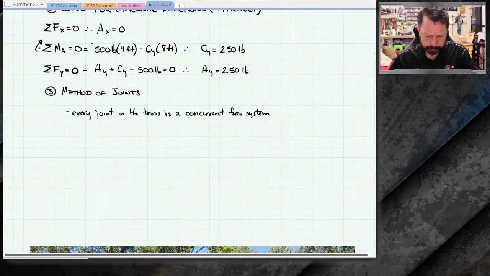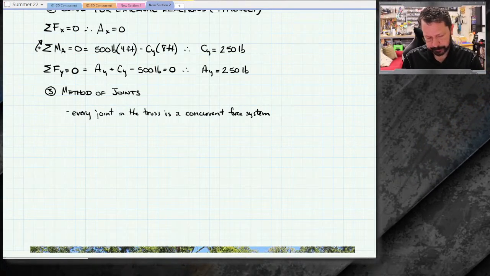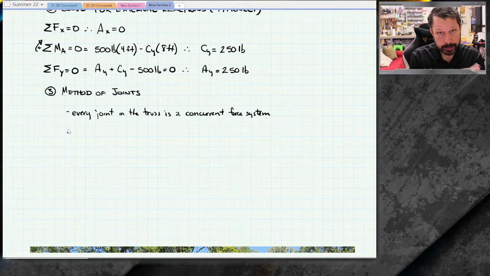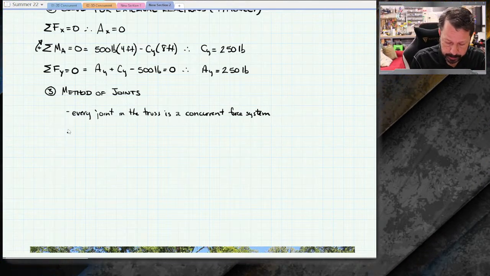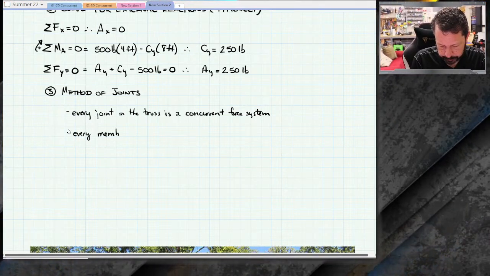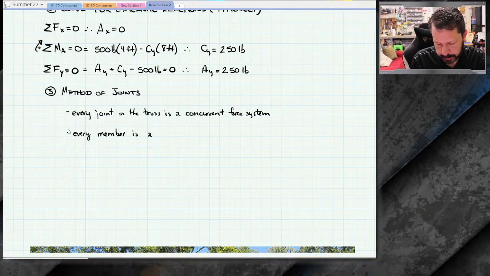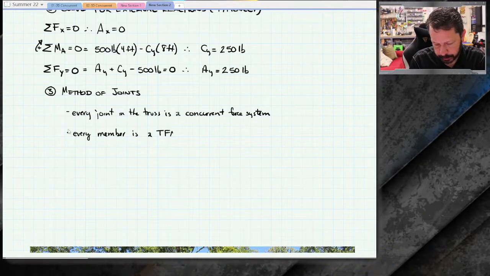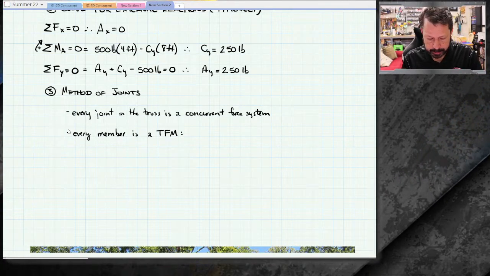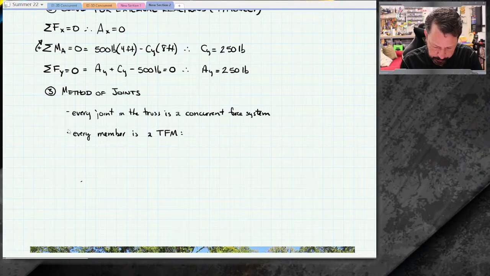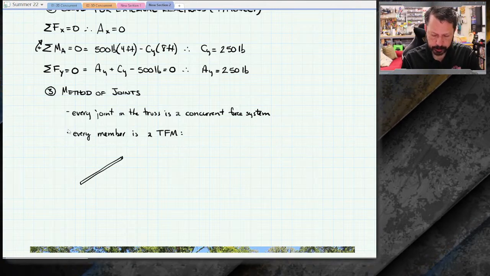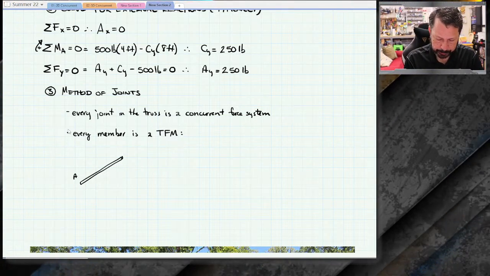So let's do that. In the method of joints, and actually under method of sections as well, every member is a 2 force member. And what that means is, let's just take this member right here. We'll call it member AB.